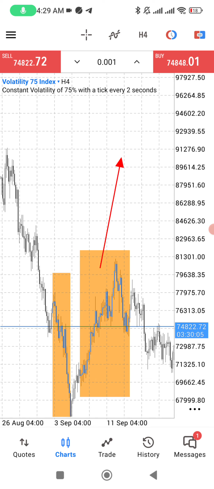So what I mean by loading: when a market loads, it actually gains stability in a new direction. That is what I mean by loading.